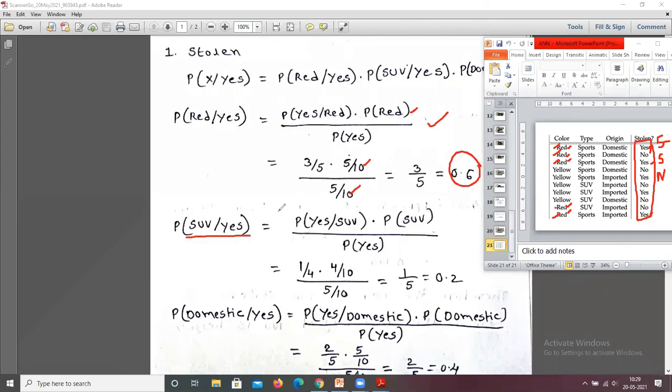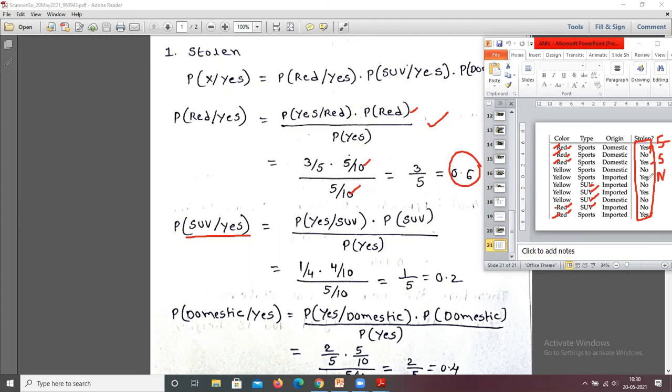Probability of SUV given S equals probability of S given SUV into probability of SUV divided by probability of S. Now, how many SUVs do we have? 1, 2, 3, 4 SUVs.